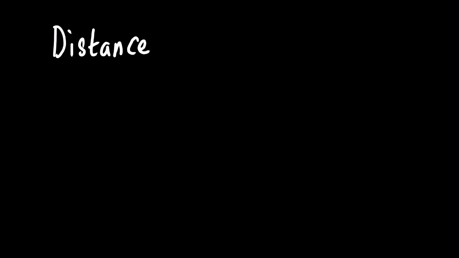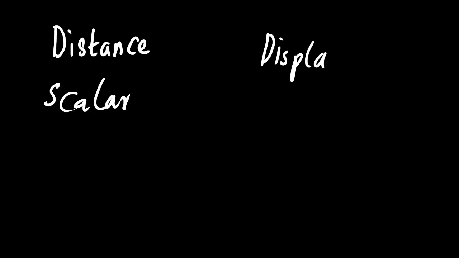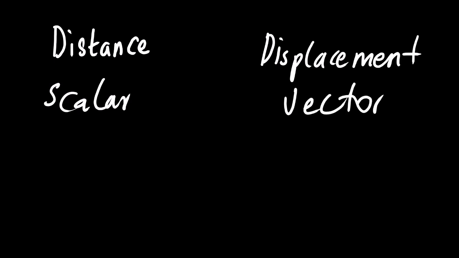In simple terms, distance is a path traveled, and displacement is a change in position. What is important is that you should know that distance is a scalar quantity, and displacement is a vector quantity.